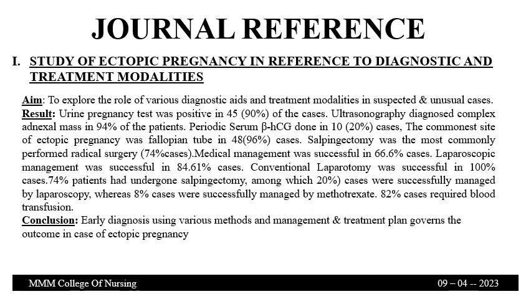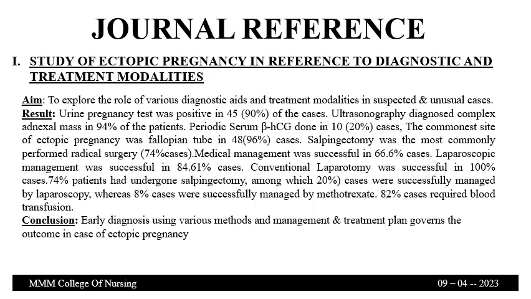So for the treatments, salpingectomy was the most commonly performed radical surgery, and medical management was successful in 66.6% of the cases. Laparoscopic management was successful in 84% of the cases.